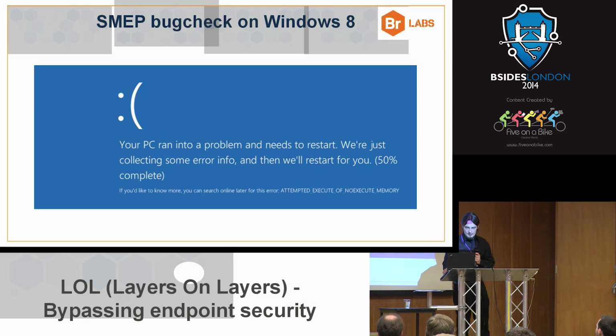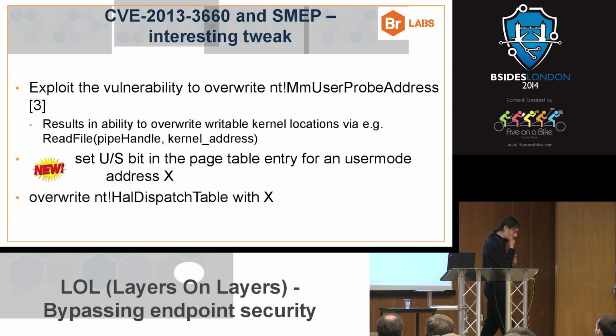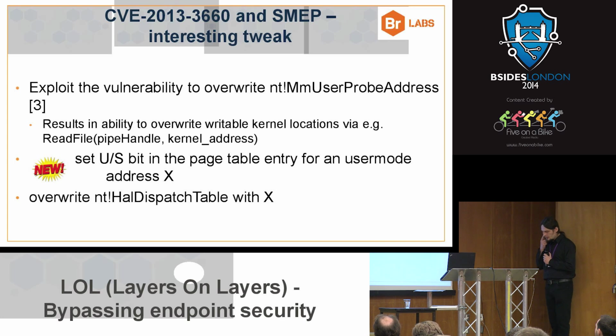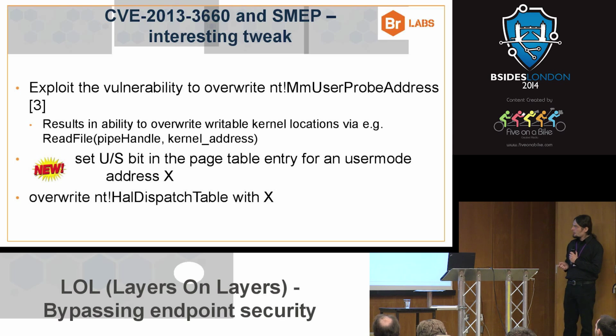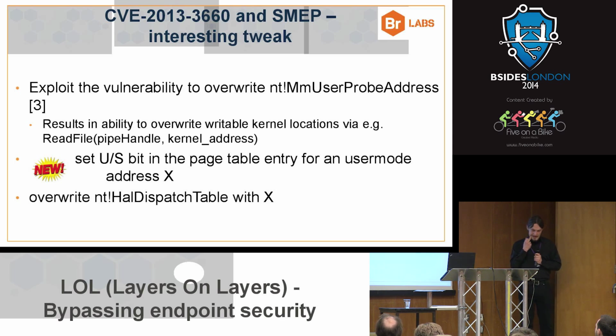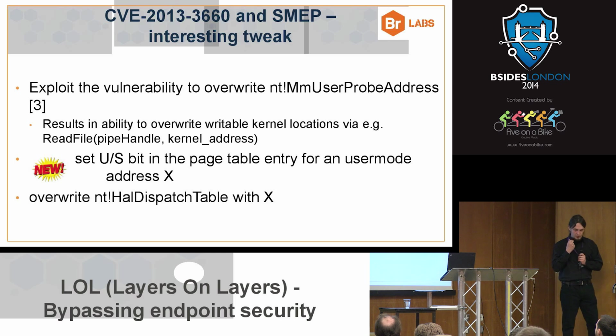Again, the attacker has other ways, right? If it gets a little bit more constructive, it can be bypassed. So I came up with a slightly interesting tweak to exploit this vulnerability. First, you do not overwrite the code pointer immediately, but first you overwrite a certain kernel variable named nt!MmUserProbeAddress, which stores the highest user mode address.